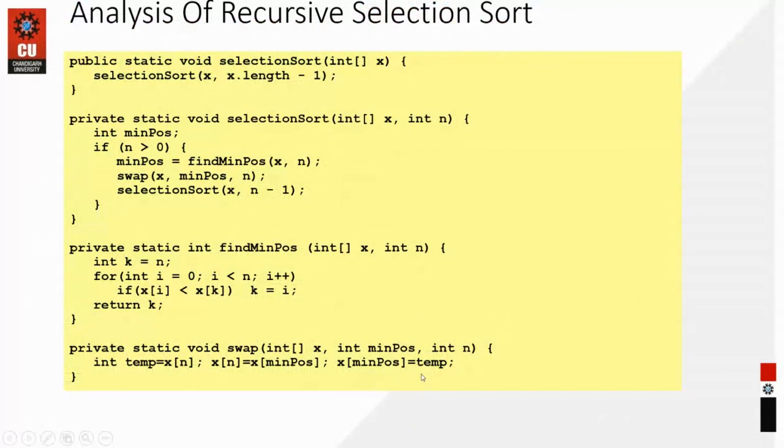Private static void swap, recursion is here. Then int min pos, int n, temp. Recursion is here also. So now this is the fixed function.